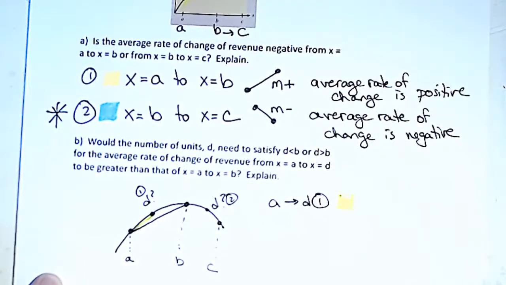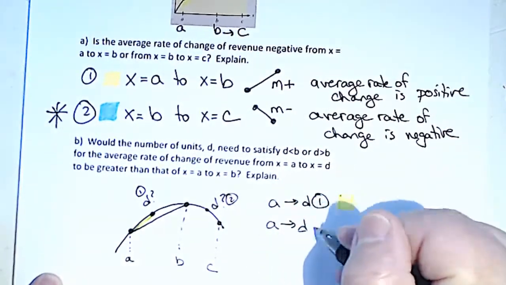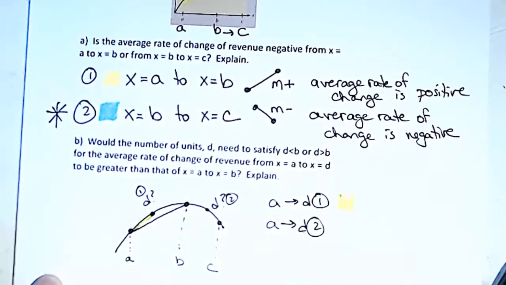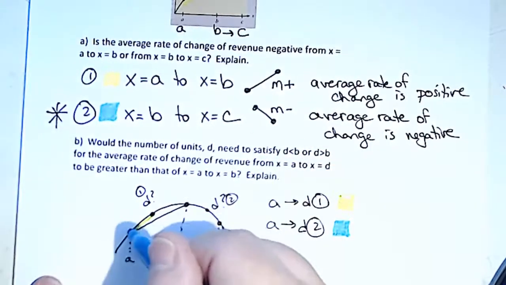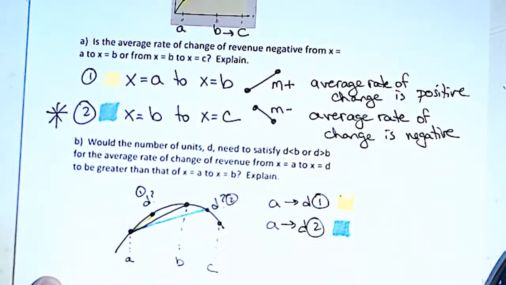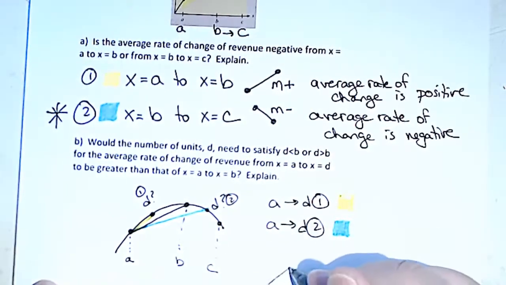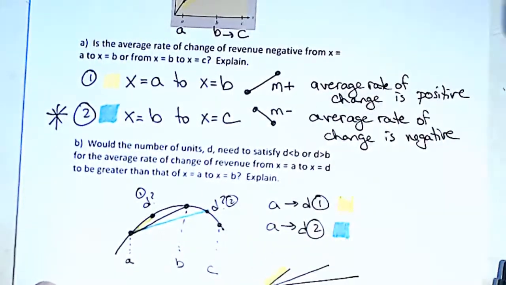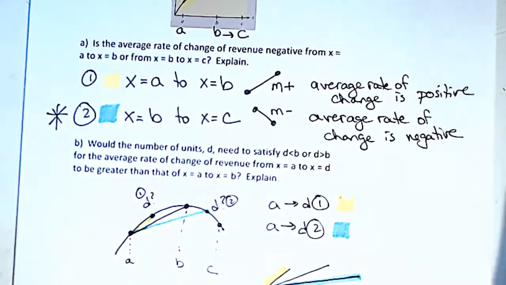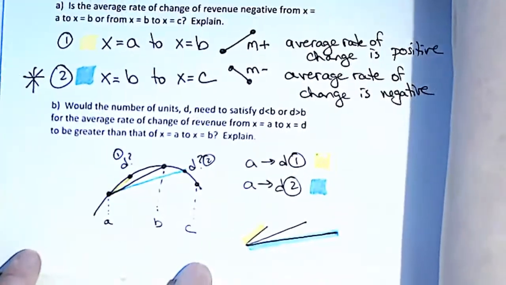And from A to D2, I'm going to draw this in blue. So this is going to be from there to there. Okay, so I've got the 3: from A to D1, A to B, and A to D2. Oh, and yet again, I'm drawing something that you guys can't see. Isn't that brilliant? Oh, you gotta love these teachers who have no idea how video works.